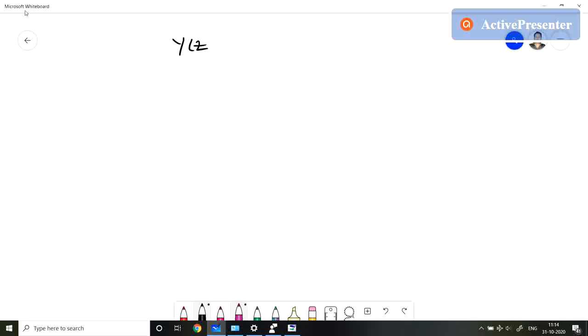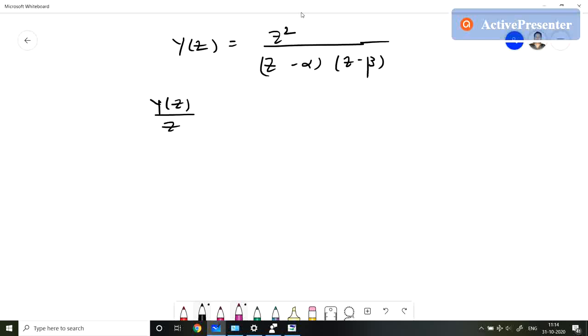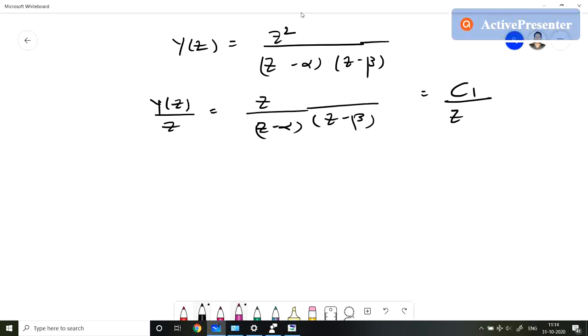So Y(z) is written as z square divided by (z minus alpha)(z minus beta). Now Y(z) divided by z is equal to z divided by (z minus alpha)(z minus beta), and by doing the partial fraction analysis, we have this term equal to c1 divided by z minus alpha plus c2 divided by z minus beta.